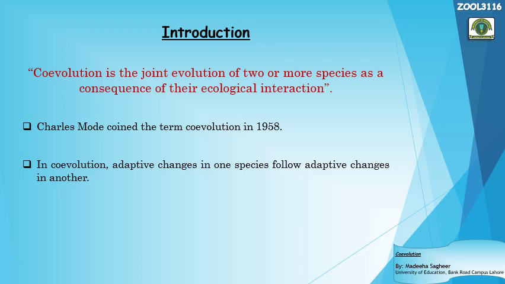So this is the change-response mechanism, and that's why it is known as coevolution, because a change in one species will provoke a change in the associated species that is in close relationship to the first one. So definitely both species are adapting themselves according to the change in each other's traits. This will be elaborated in the coming slides with examples and different types.